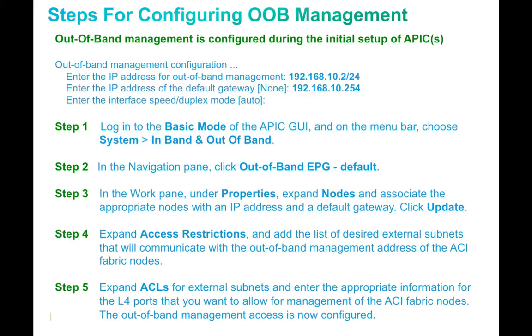In order for you to configure the out-of-band management for nodes, leaf, and spine, you go to the APIC GUI and configure that by following these steps that I have posted in this slide. So let's demo how to configure that via APIC GUI.